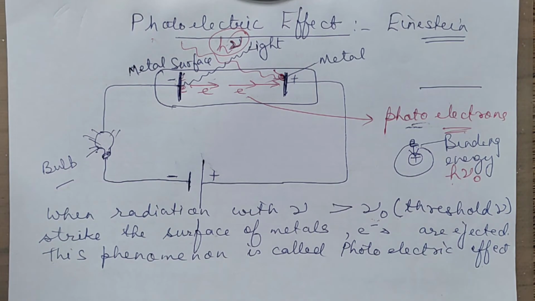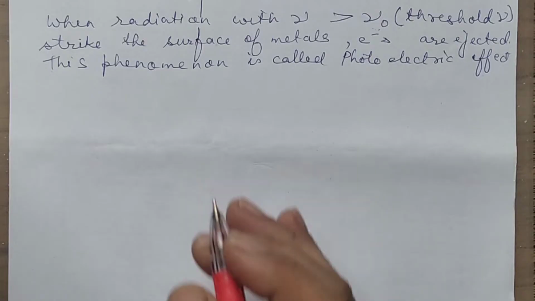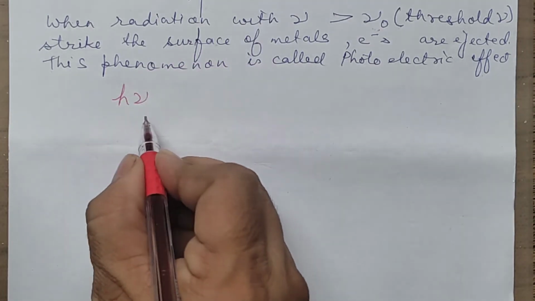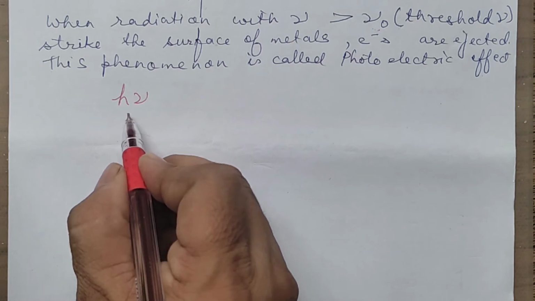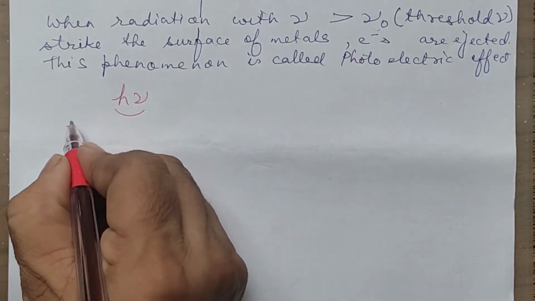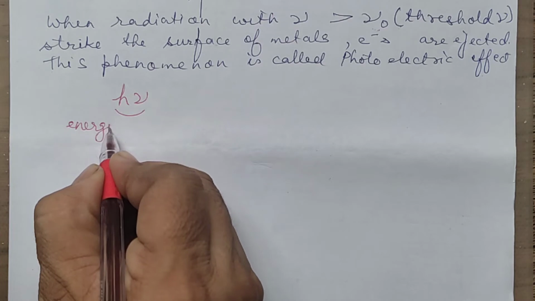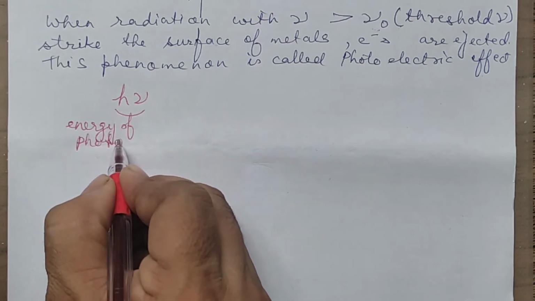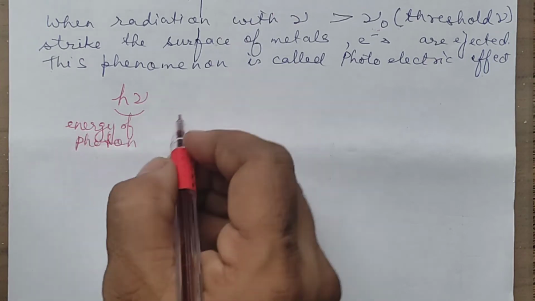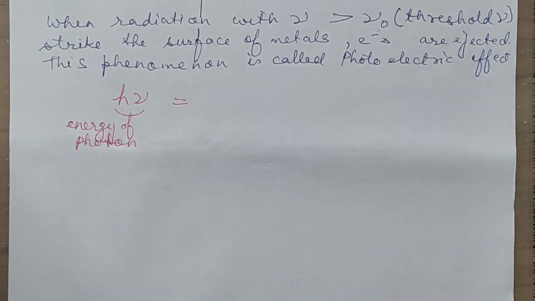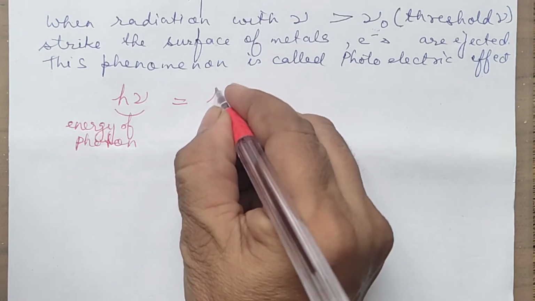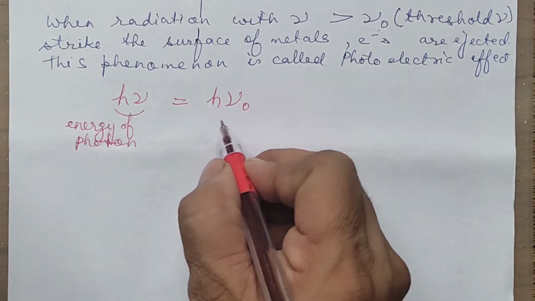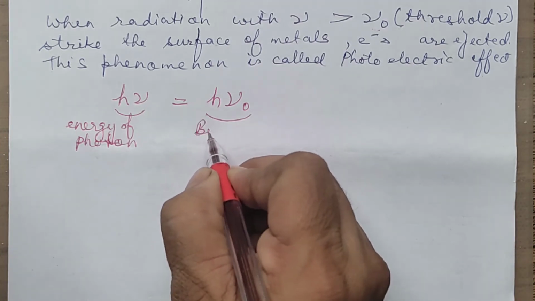Just understand this properly: when the light is falling, energy is h nu. Nu is the frequency of the light, and h nu becomes the energy of the light, or the energy of the photon falling on the surface of the metal. That is utilized in two ways. One is to overcome h nu naught, which means the binding energy.